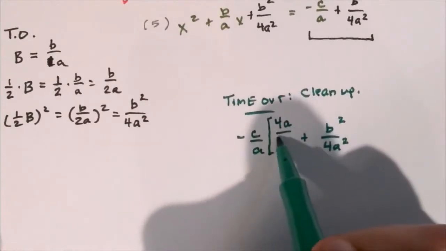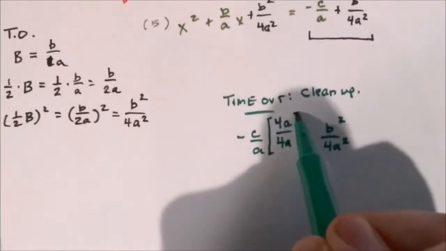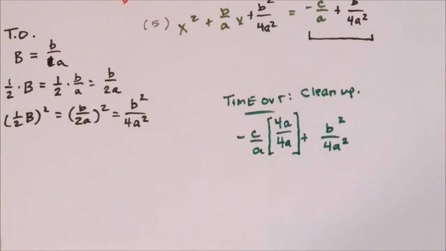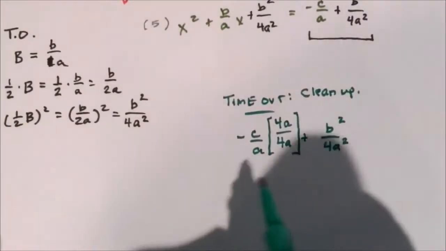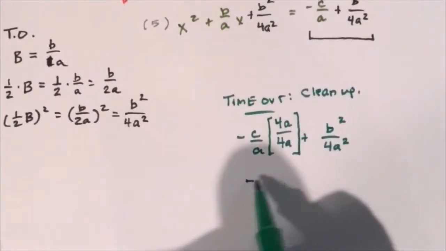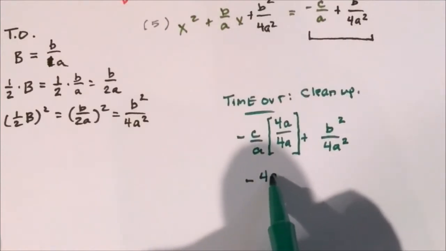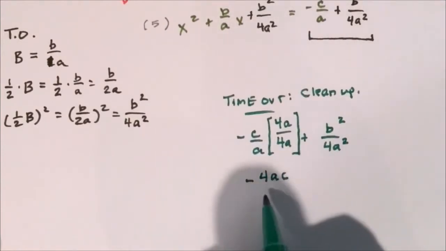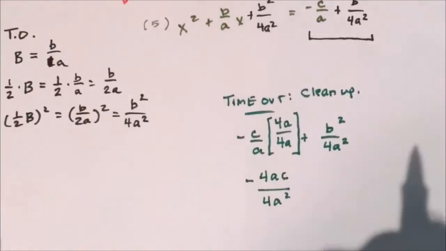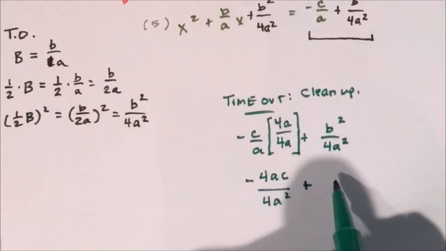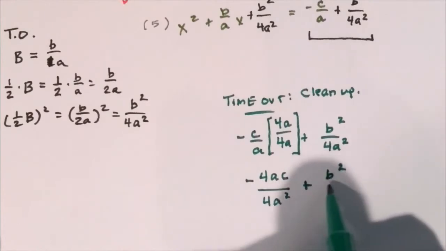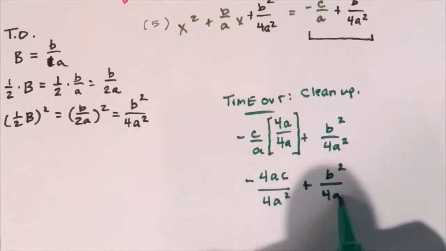So I'm going to multiply by 4a over 4a. So I get minus 4ac over 4a squared plus b squared over 4a squared.